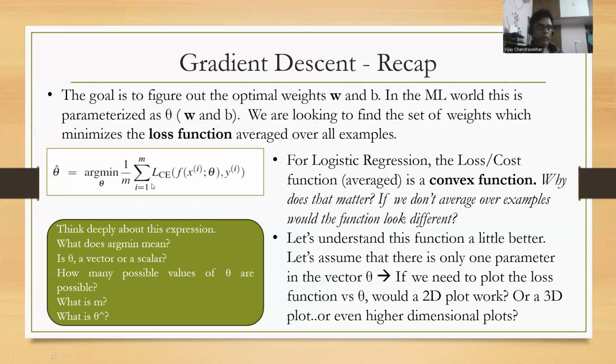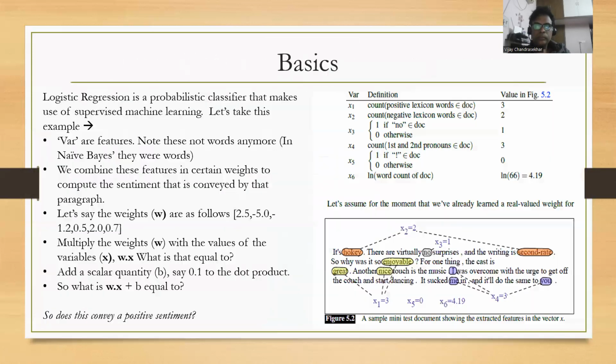Now, is theta a vector or a scalar? Vector. Okay, fine. So let's go back to this problem. Can you tell me how many scalar values are there in that vector? A vector comprises scalars, right? So how many scalar values are there in that vector, in this particular context?